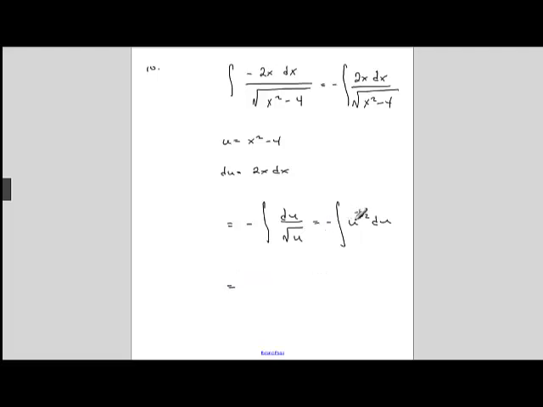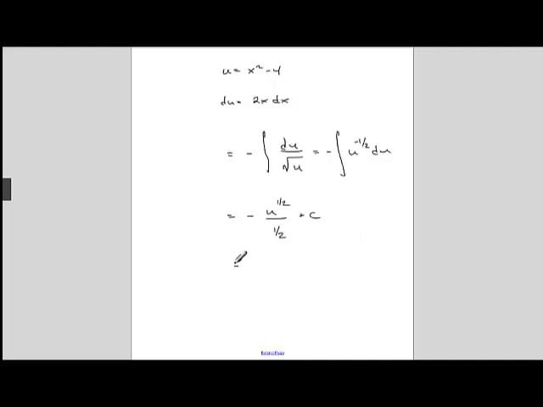Because this is just a simple power rule, we have a rule for that. The integral of u to the minus 1/2 would be u to the positive 1/2, as we add 1 to the exponent and divide by the new exponent. And we add our arbitrary constant. Dividing by 1/2 is the same as multiplying by 2. And then finally we can do the substitution back in.